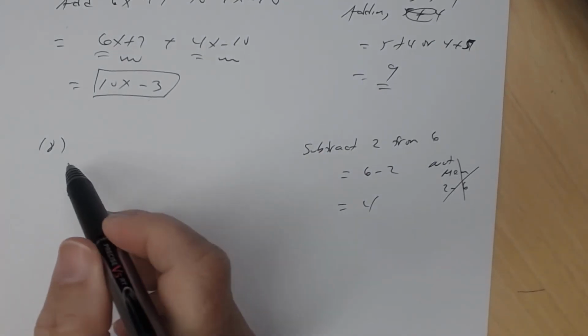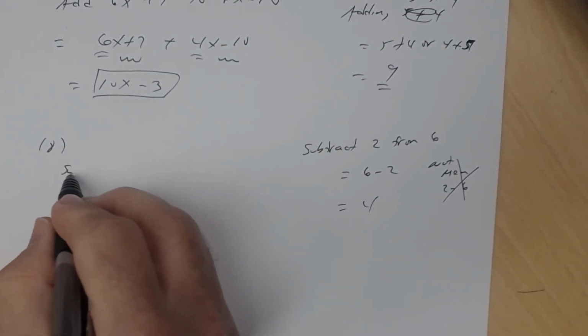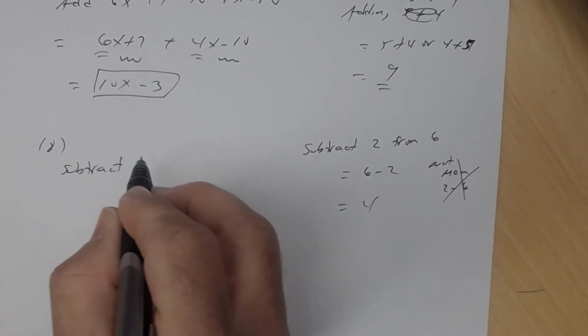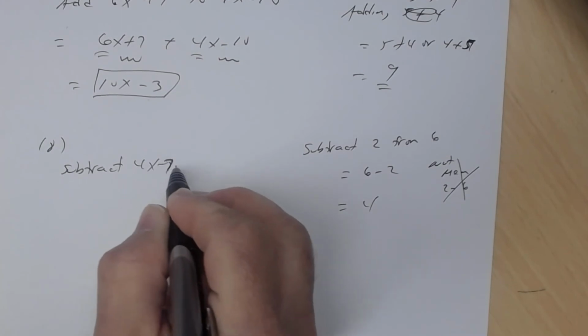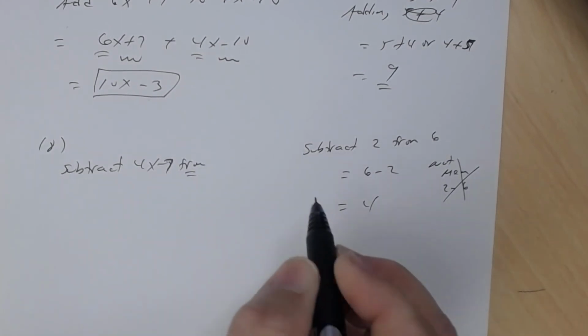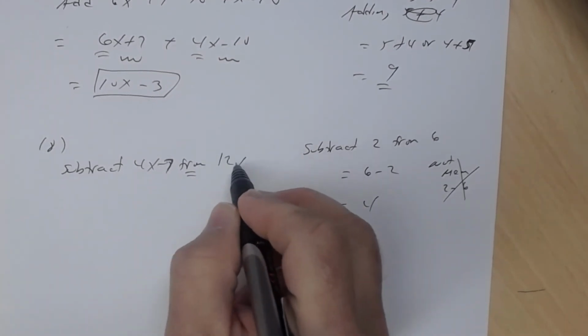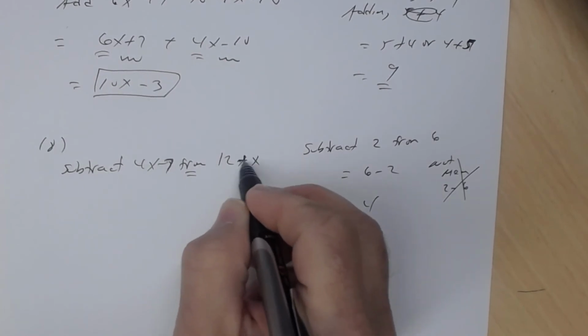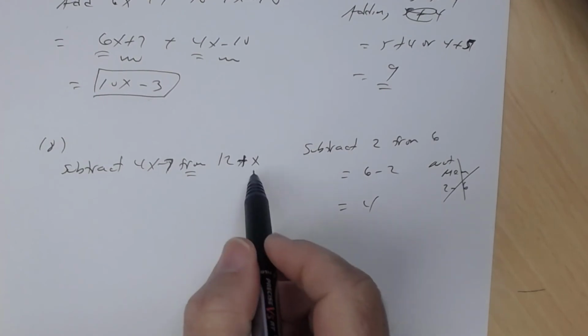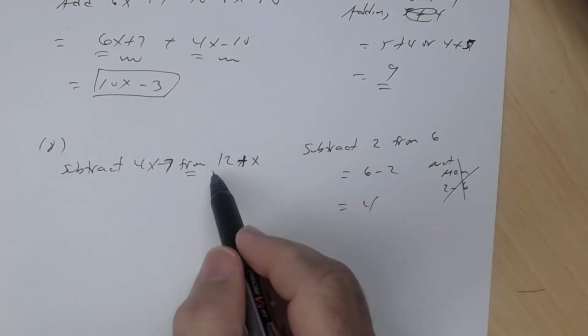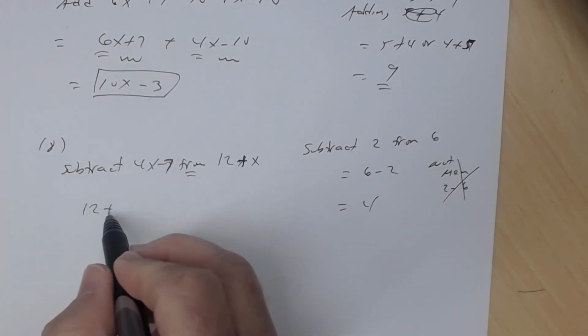So when we do this, number 18, suppose it said subtract 4x minus 7 from 12 plus x. So subtract 4x minus 7 from 12 plus x. Remember, just like this, the 12 plus x comes first. So you can say 12 plus x.